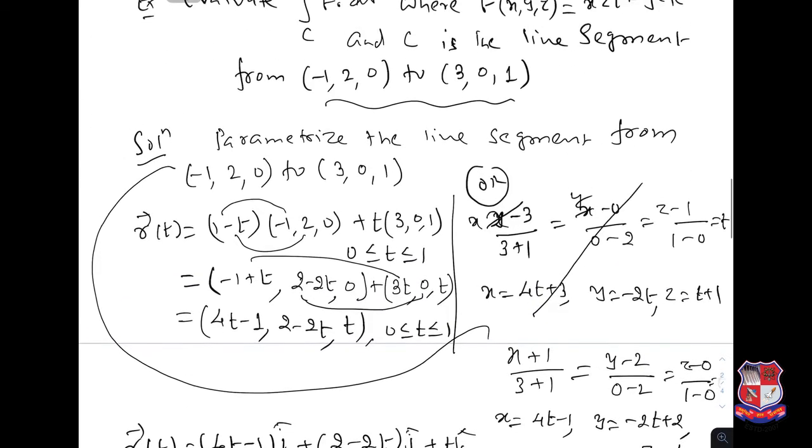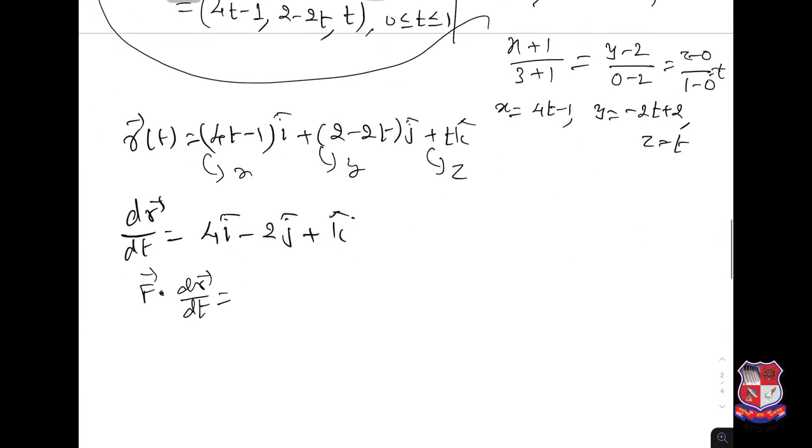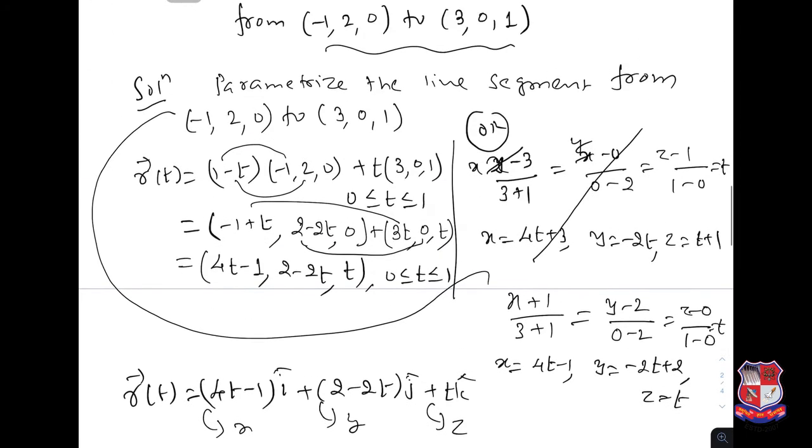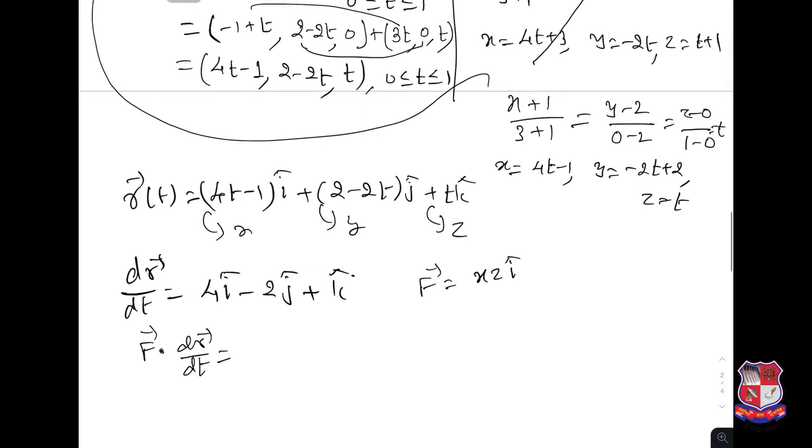So f equals xz i minus yz k. Now x is 4t minus 1, and z is t.